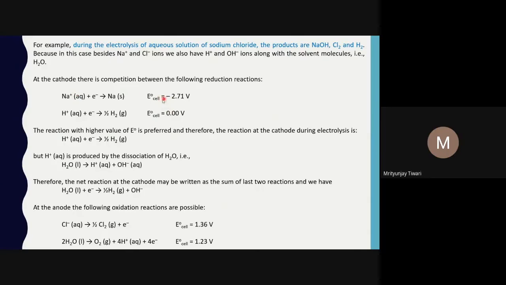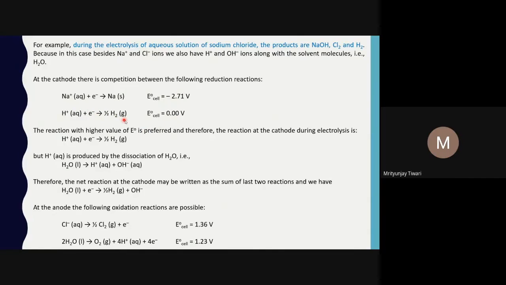If you look at the standard reduction potential for the reduction of Na+ ion, it is -2.71 volt, and the standard reduction potential of H+ ions is 0.01 volt.